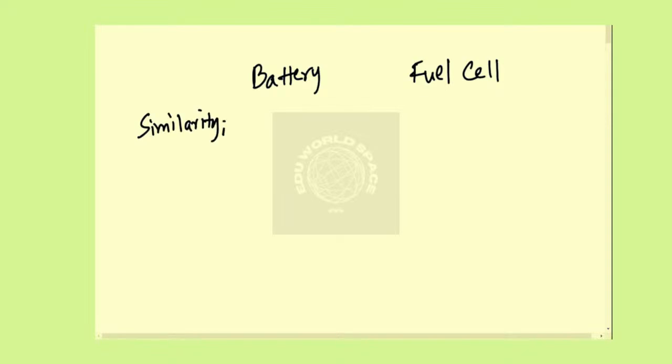If you write that down, we can make two columns, one for battery and one for the fuel cell. And the similarity is both of them are galvanic cells.